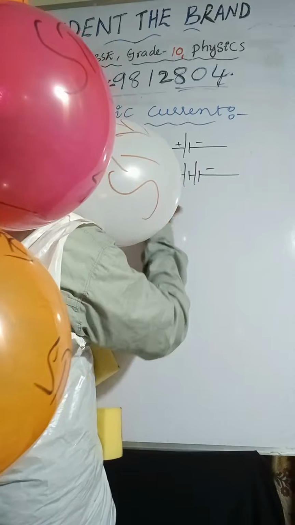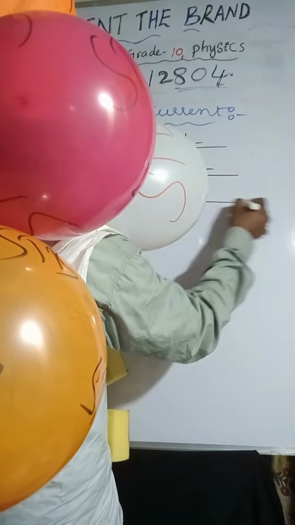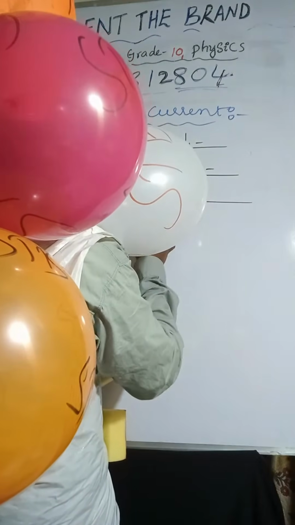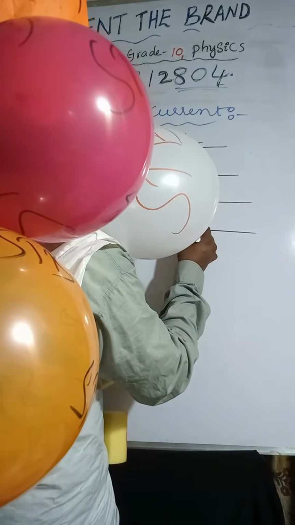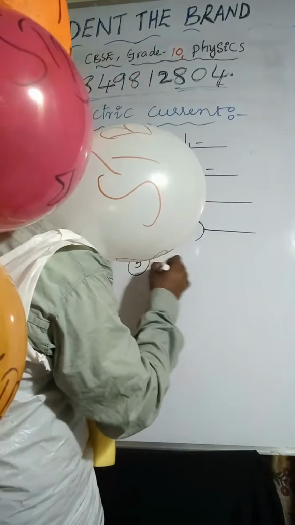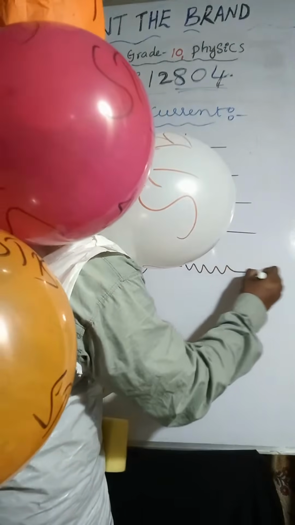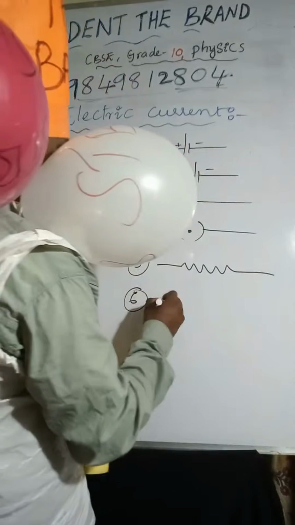Third one is open switch. Fourth one is closed switch. Fifth one is resistor. Sixth one is rheostat.